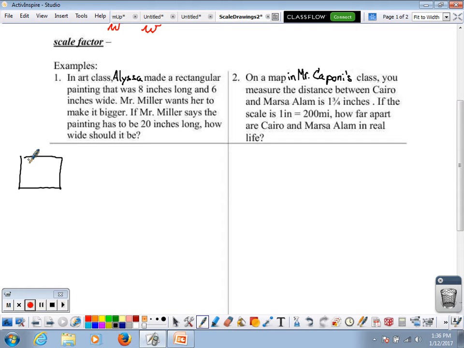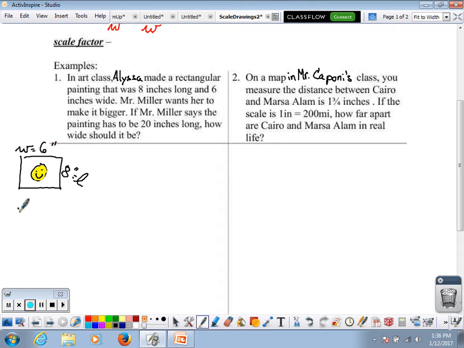All right, so here's the painting that Alyssa made. It's a beautiful painting. And this painting is 8 inches long, and it is 6 inches wide. But Mr. Miller says, you know what, Alyssa, that painting is really nice.